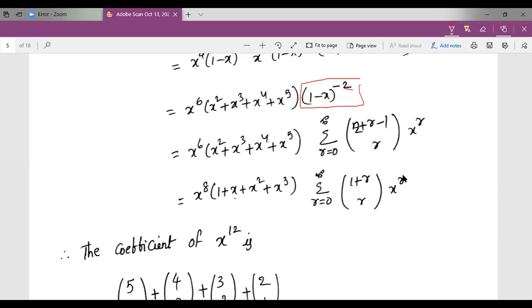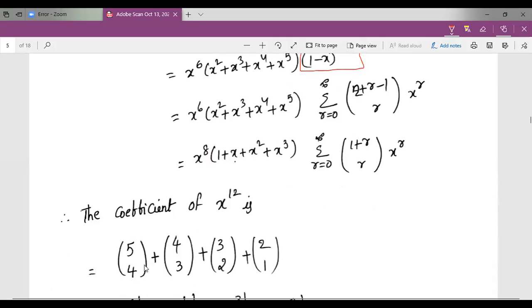So in the first case we take r equal to 4: x power 8 into x power 4 gives x power 12.